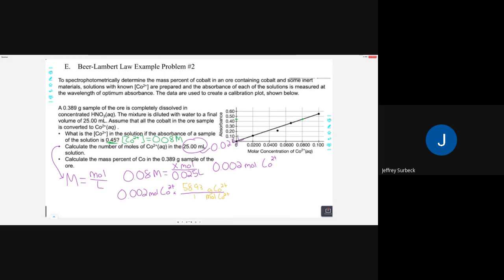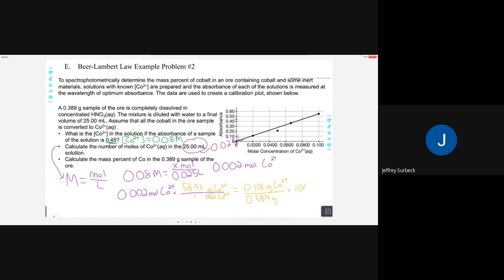And so my 0.002, I'm just going to multiply by 58.93, and I get a value in grams of 0.118 grams there of cobalt 2 plus, and all we would have to do is divide that by our value of 0.389 of our total value, and to express it as a percent, what do we have to do at the end here?